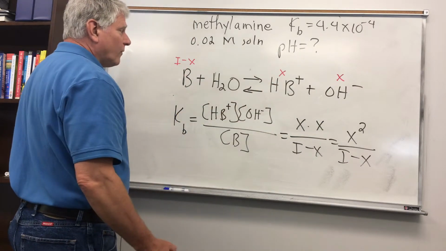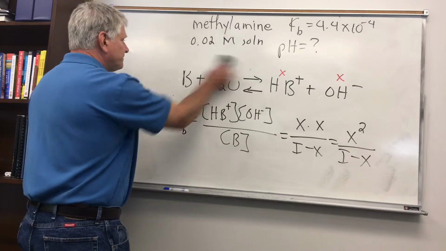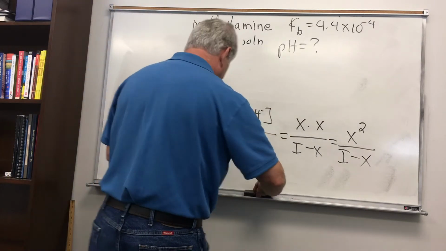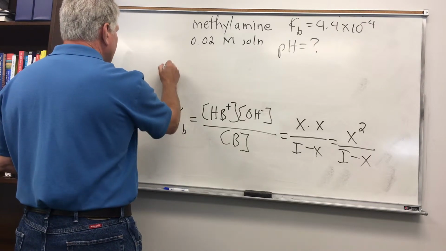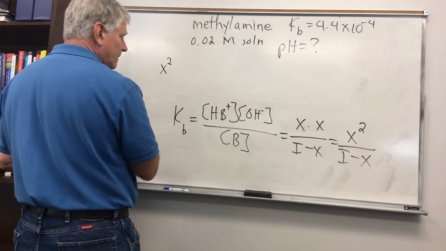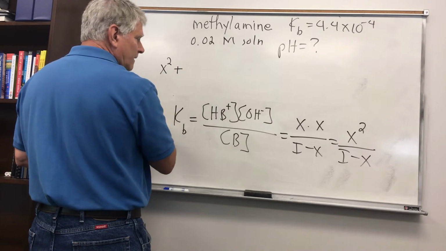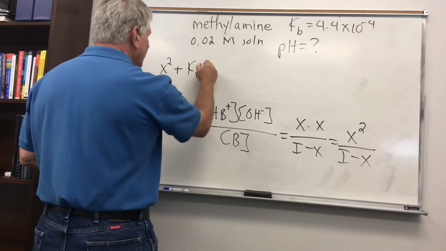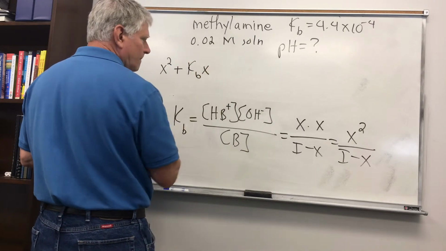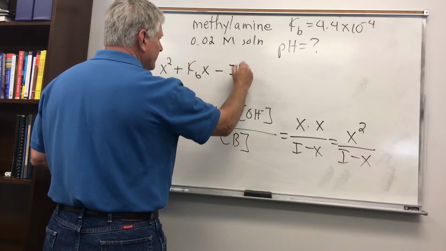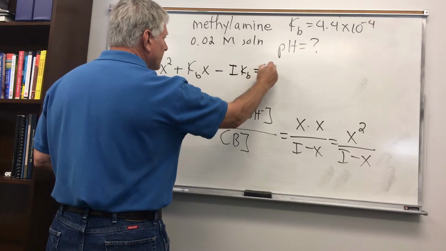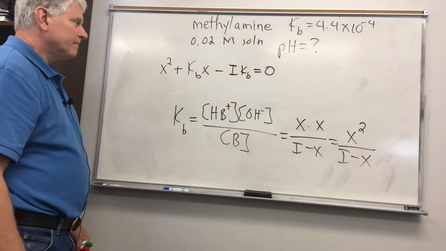So let's solve for X. We're going to have X squared plus KbX minus initial concentration times Kb equals 0.